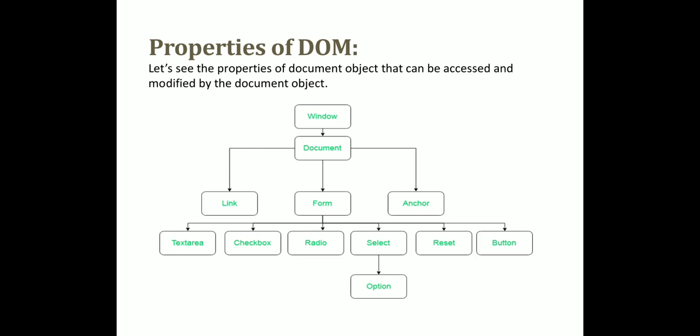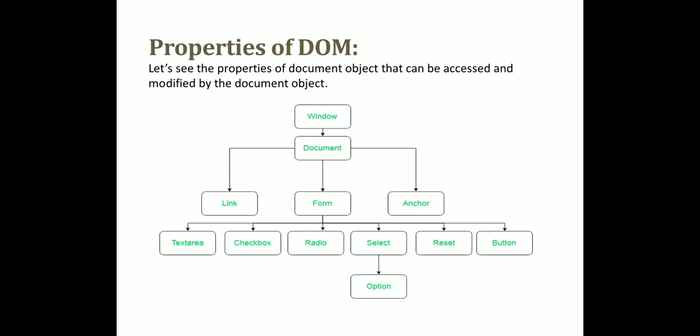Then the third thing, the form object: everything contained in the opening form and closing form tags sets the form object. So we can see here so many things like text area, checkbox, radio, select, then reset, button, and select means a control element with options.